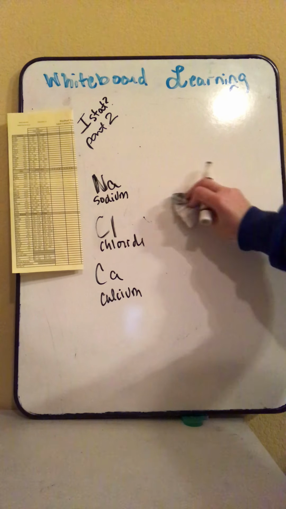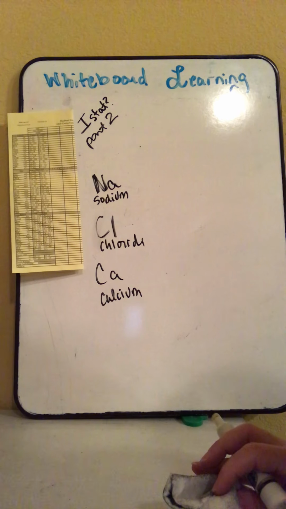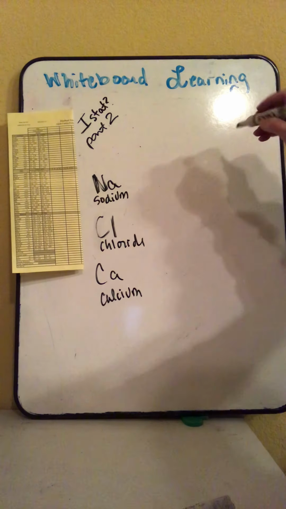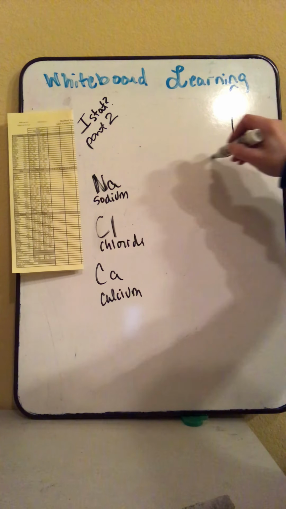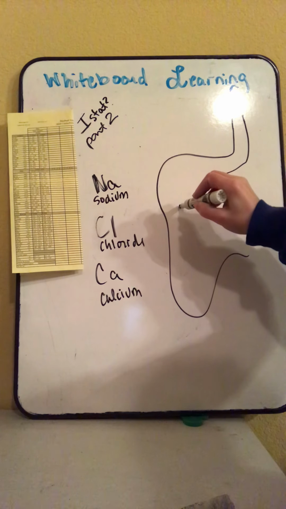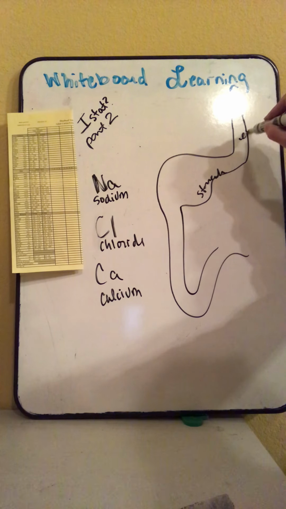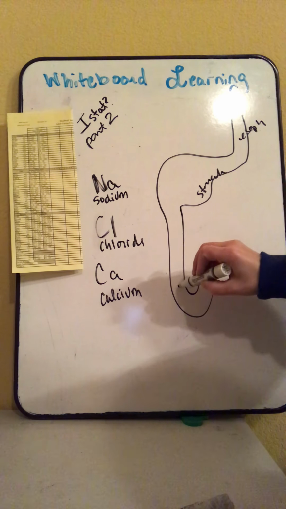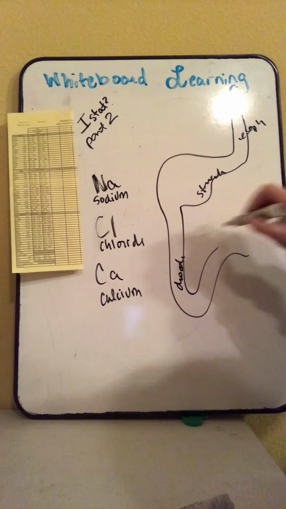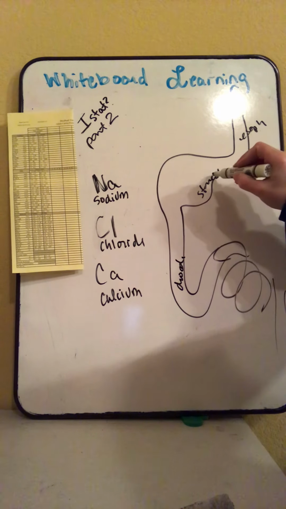But there's also another situation for hypochloridemia that's really interesting that I like people to know about, and that is when you get a foreign body in a specific spot. So here's your stomach, your esophagus, and there's your duodenum, and then the rest of your small intestines, and it goes out. So what does the stomach do?